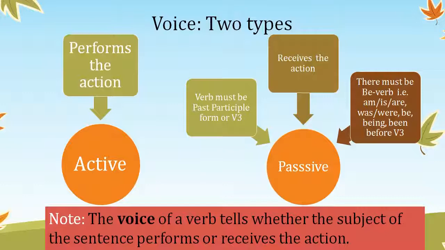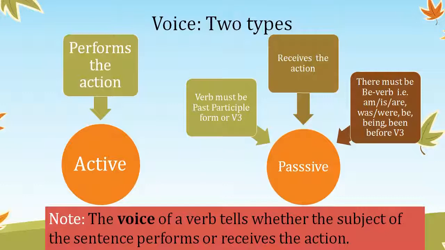Before the past participle form of the verb, or the B3, there must be a be verb. What are the be verbs? Am, is, are, was, were, be, being, been must be before the B3. Then that becomes a passive voice. You should not forget about it.